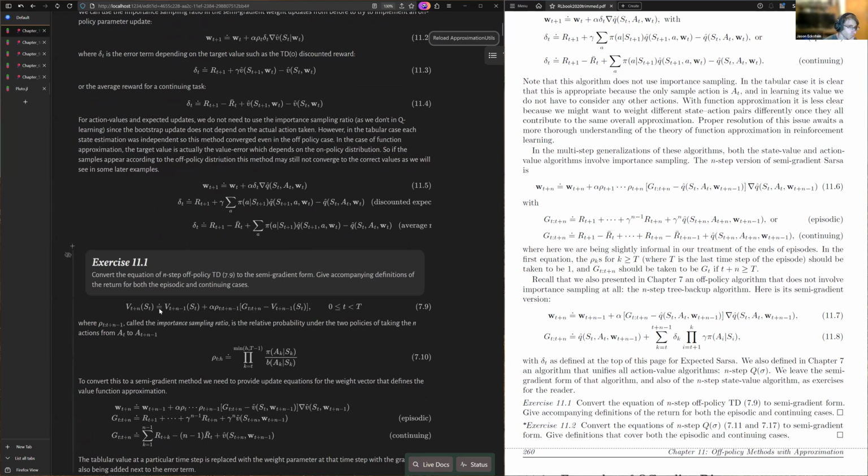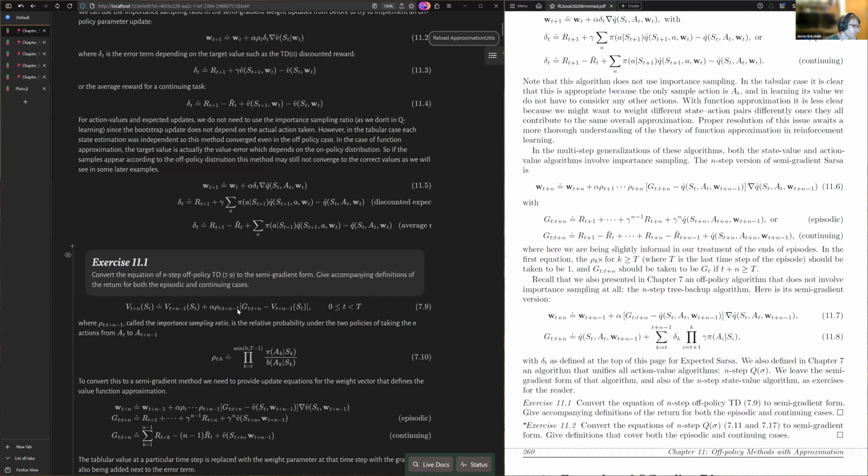But first, you have to define this importance sampling ratio over a certain number of steps. And again, this is just the product of those ratios. And then, right, this was the off-policy n-step update that we had from chapter 7.